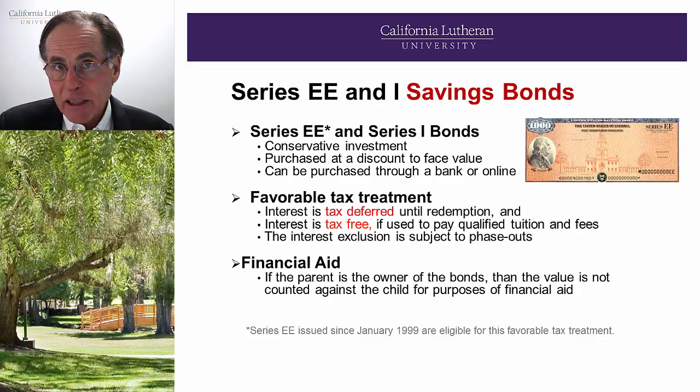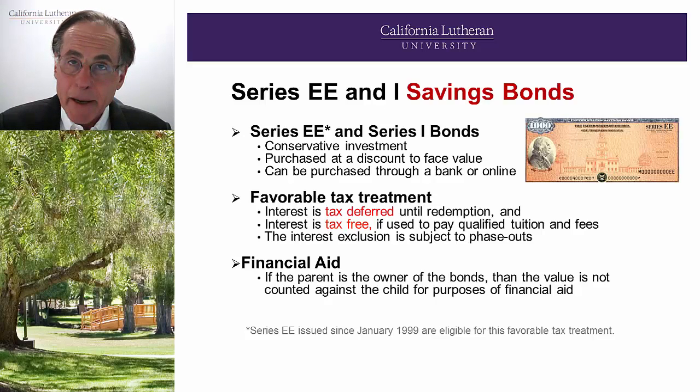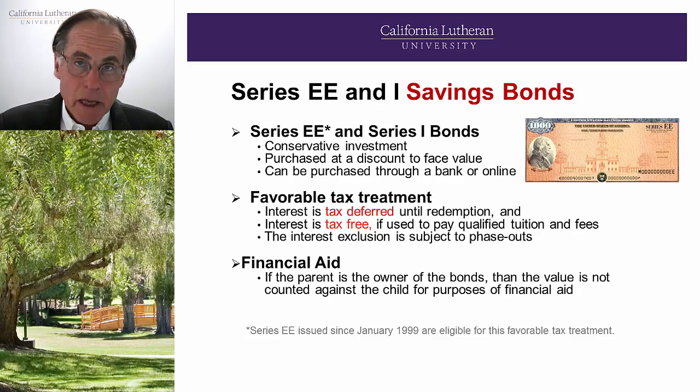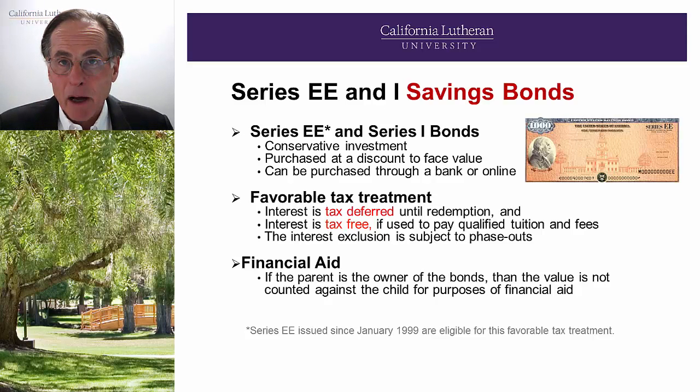Note that there is an AGI phase-out, therefore the tax-free benefit may not apply for higher income families. When the parent is the owner of the bond, the value of the savings bond is not directly counted against the child for purposes of determining financial aid. Savings bonds can be purchased through a commercial bank, a Federal Reserve Bank, or savings bonds direct.